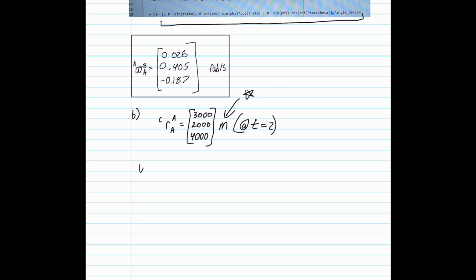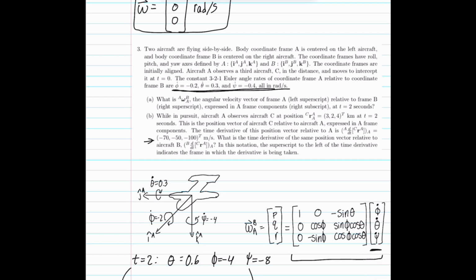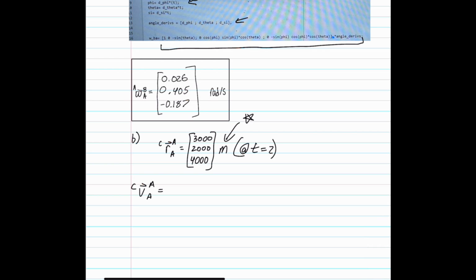They also gave us the velocity of frame C relative to frame A expressed in A frame coordinates. And this is the body frame of A, so we can use u, v, w, and the components are dotted.